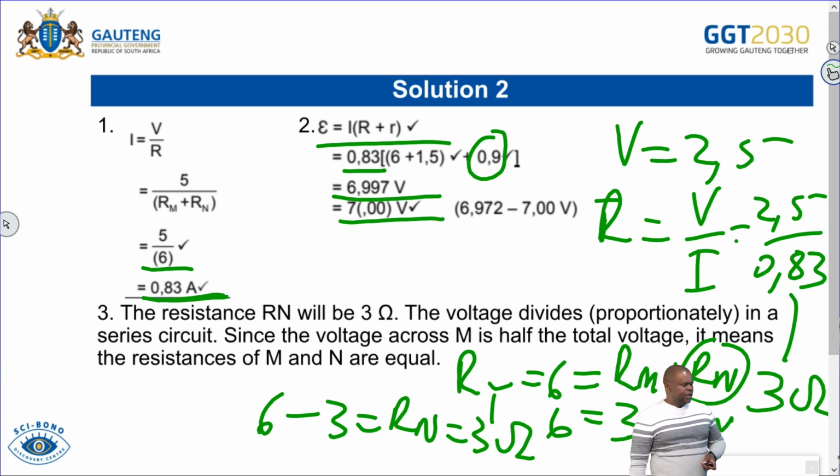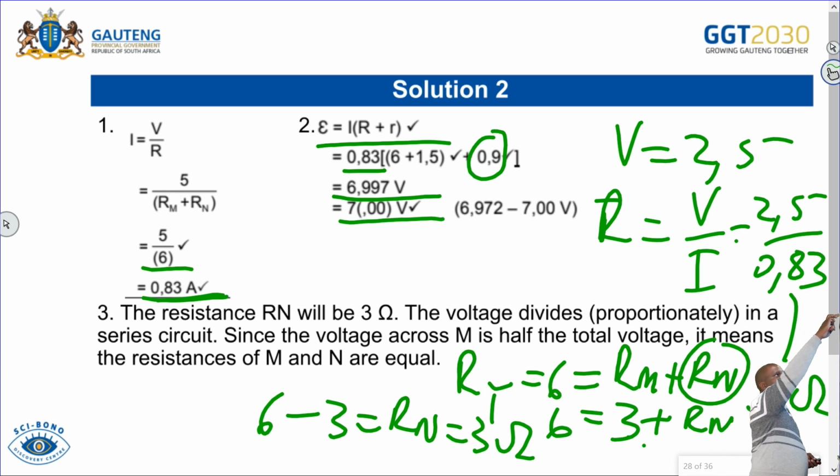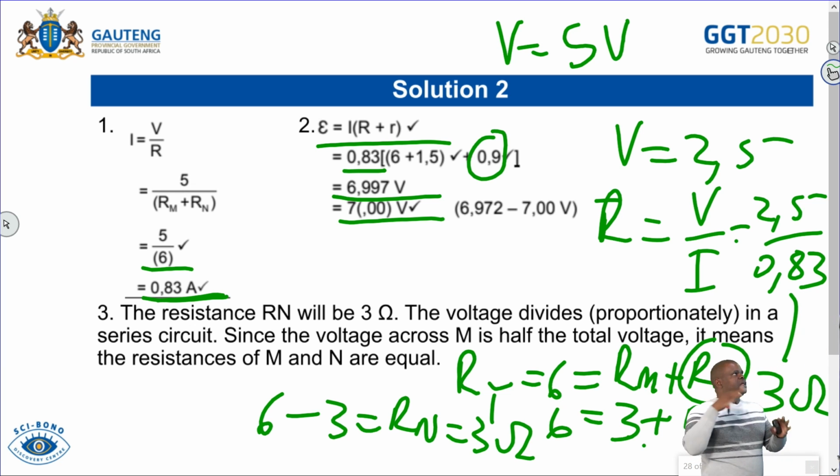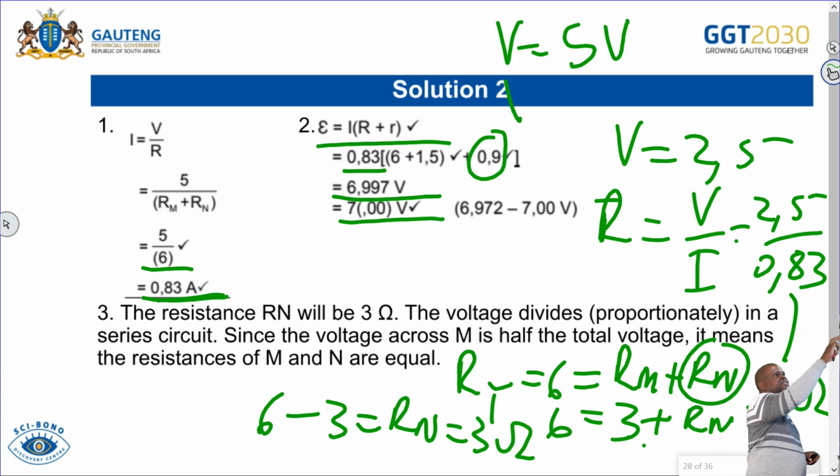The voltage divider in a series circuit is proportional. Since the voltage across M is half the total voltage, it means that the resistances of M and N are equal. Why so? Because we started with the voltage being 5 volts, and now they said the voltage has decreased to 2.5 volts.